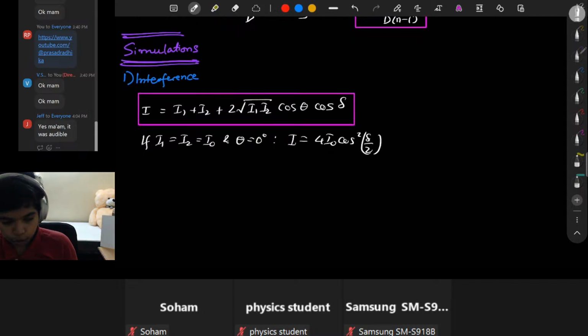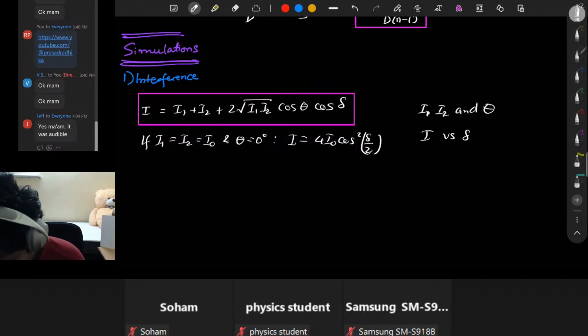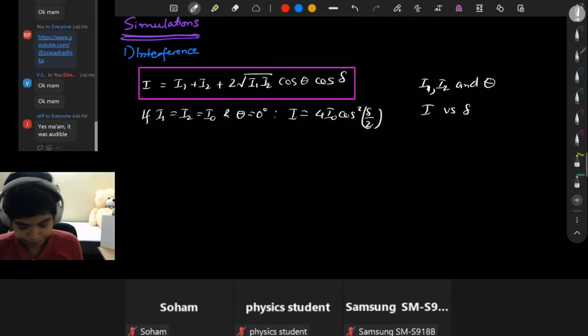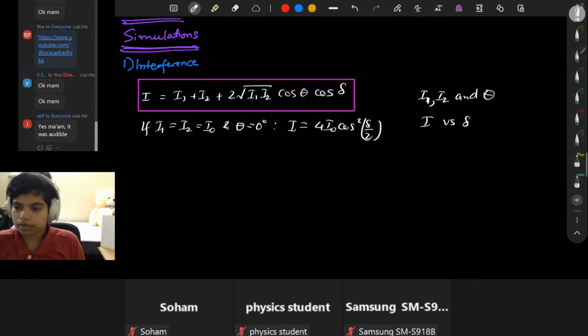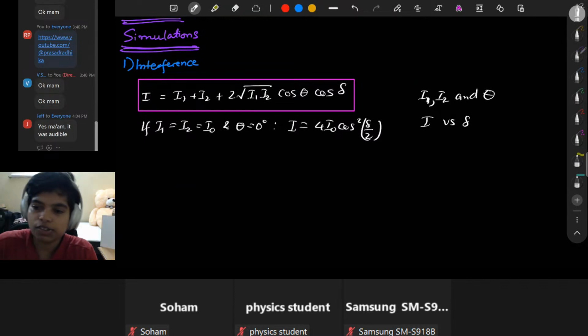I want to show you, as a variation of I1, I2 and theta, the plot of I versus delta. As you vary I1, I2 and theta, what happens to your interference pattern. Let me go to the simulation, then I will discuss what second simulation I have planned.